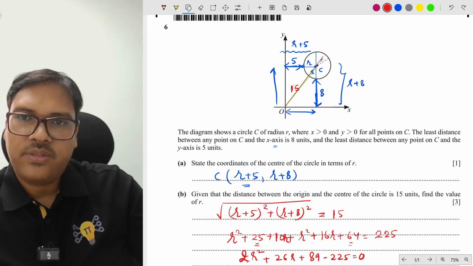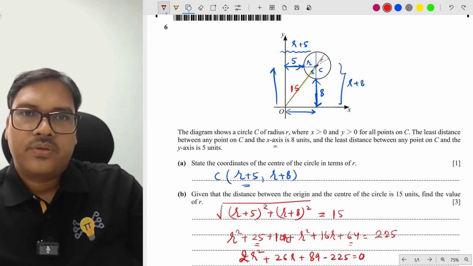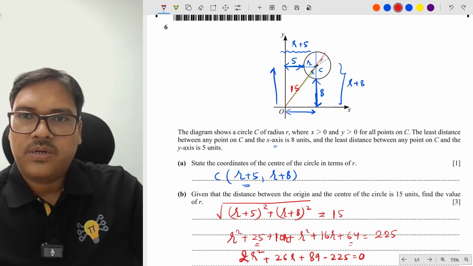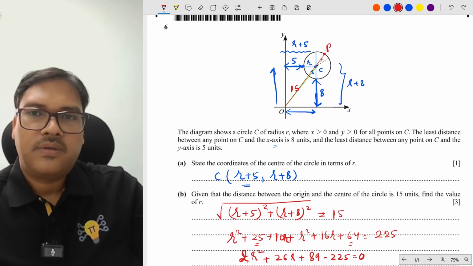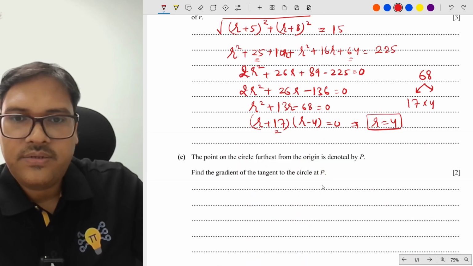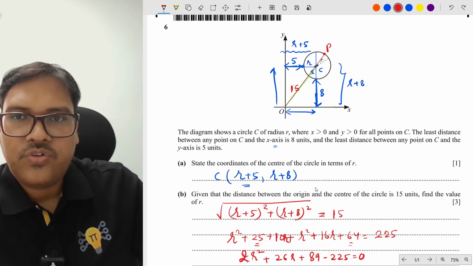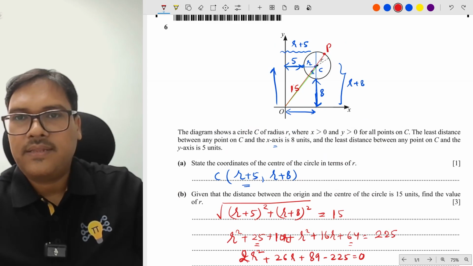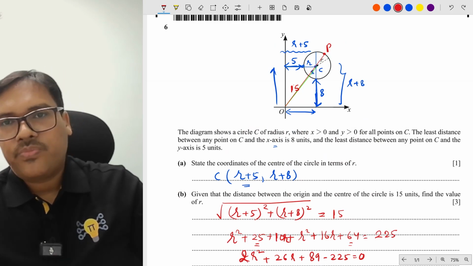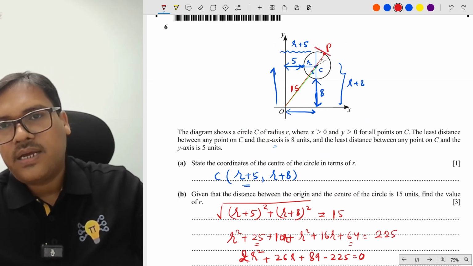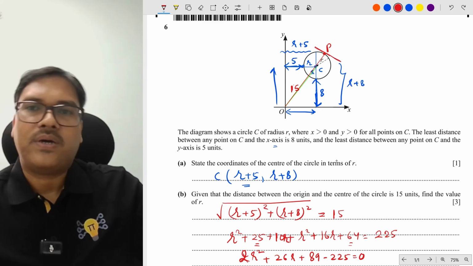We can see this point will be the farthest point. I hope this is making sense. If I join this, this point will be the farthest point. So this is point P. Now you have to find the gradient of the tangent to the circle at this point P. How will you find the gradient of the tangent at this point? That is the question here.